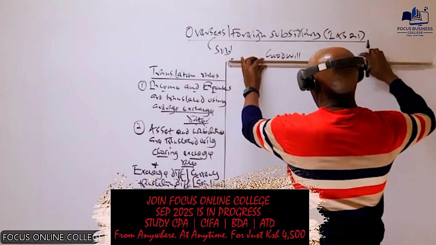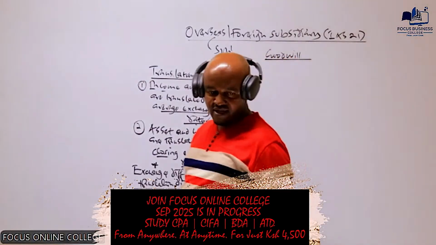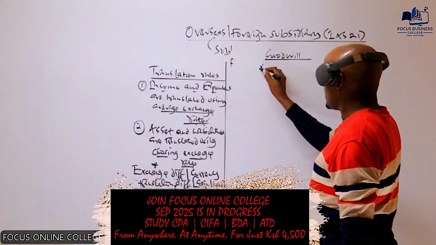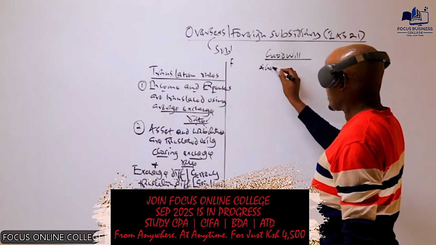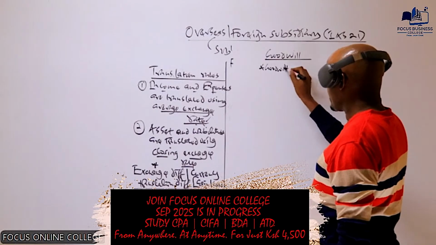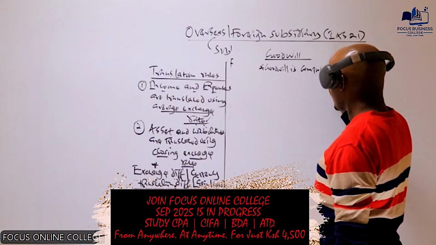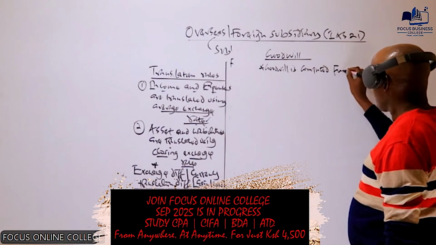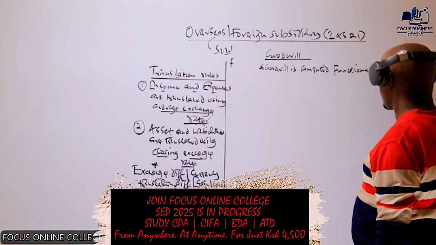So remember, goodwill is the difference between the purchase consideration paid by the parent company and the net assets which were acquired. What is important to note here is that goodwill is computed using the functional currency, which is the local currency.